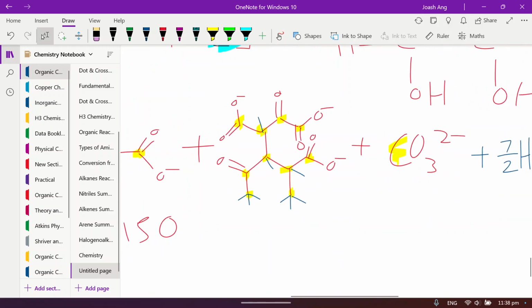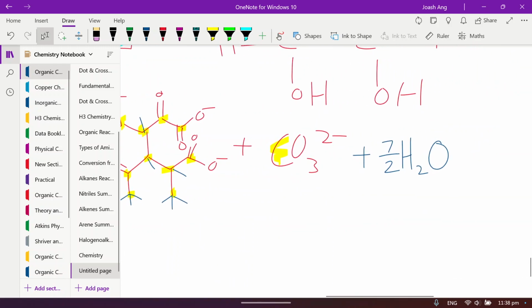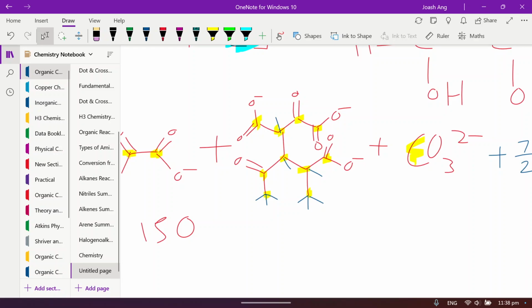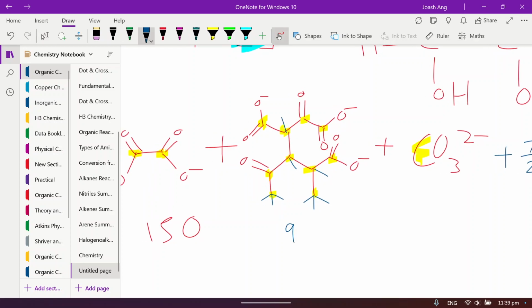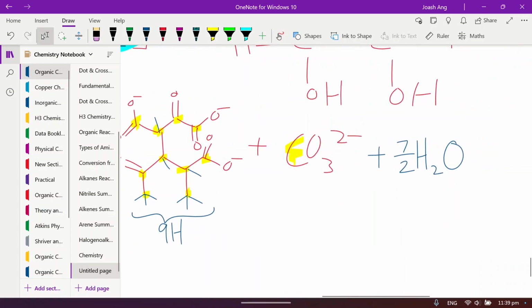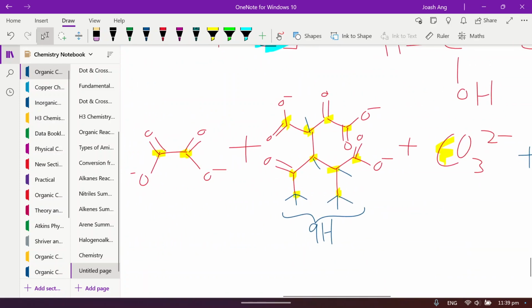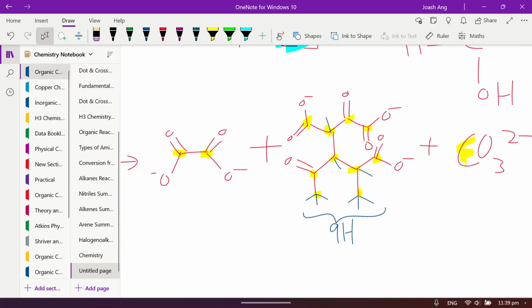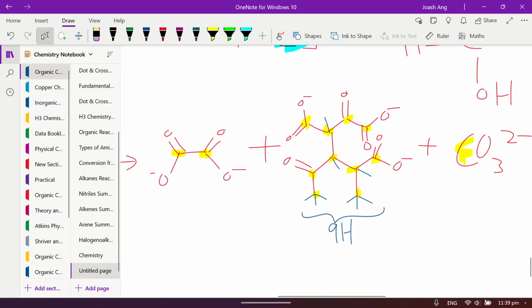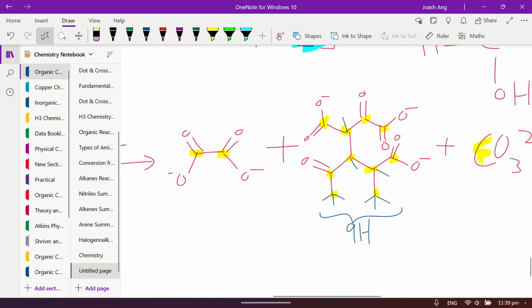Then now, this side will have 9H. This product has 9H. And to add to this part, 23 minus 9 will be 14.